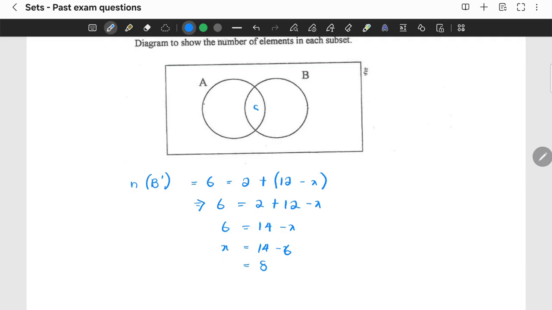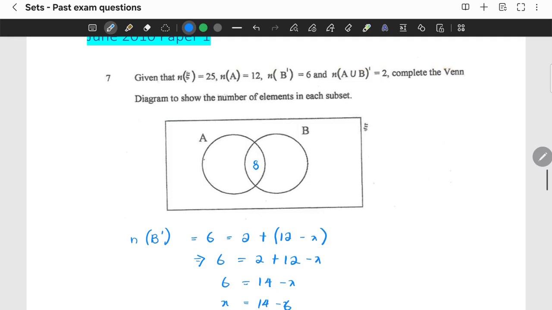So if x is 8, we now have 8 here, and here would be 12 minus a, a only will be 12 minus 8, which is going to be 4. And we know that we have 2 outside.